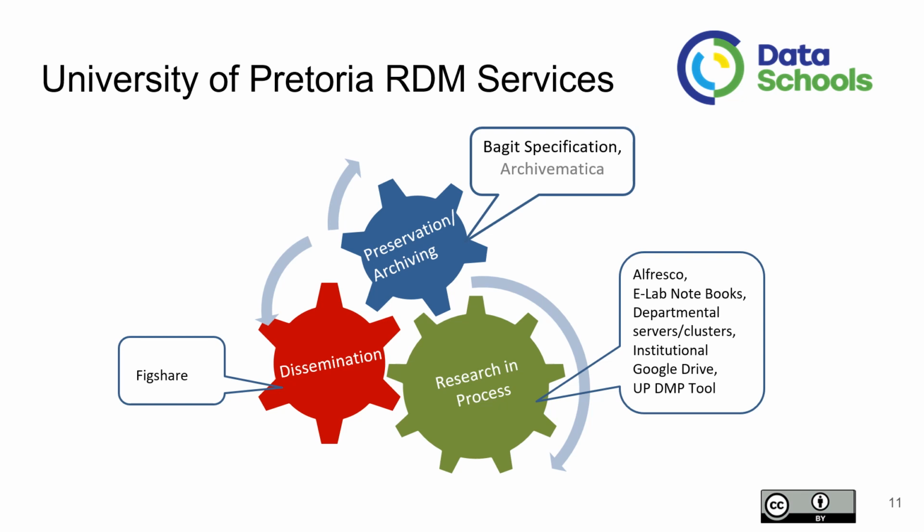The dissemination stage is covered by the UP Research Data Repository, which runs on Figshare. The preservation and archiving stage is where the research data would be preserved for the long term. Here, we are looking at the Library of Congress's BagIt specification and the possible deployment of Archivematica.